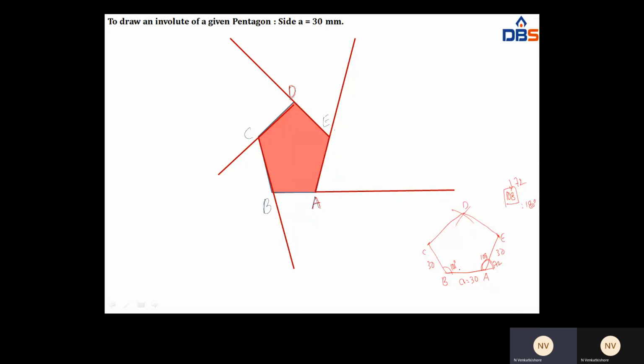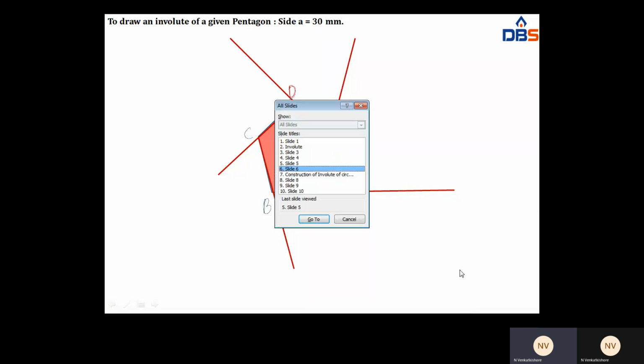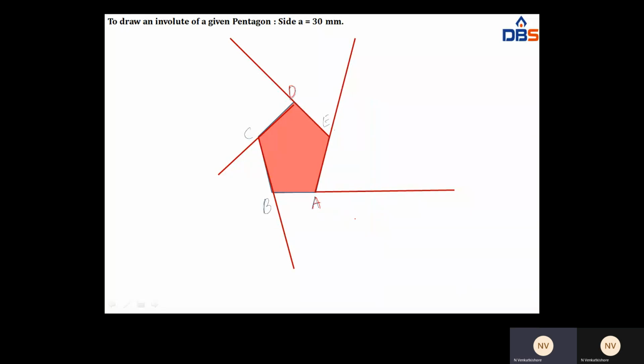The point name is D. Join all these points, then A, B, C, D, E will form a pentagon. So like that, this is the procedure. Here we have constructed A, B, C, D, E, the required pentagon.